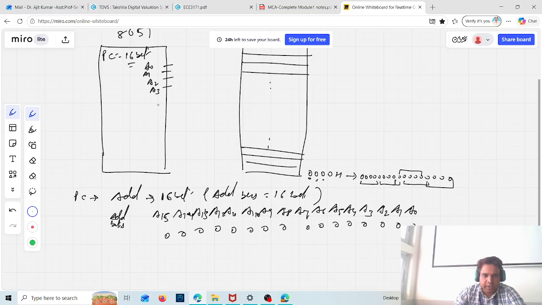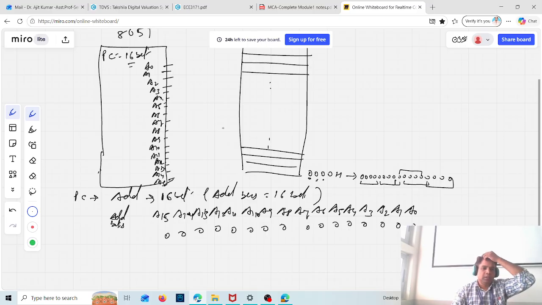Let us say these are the address lines of our 8051.